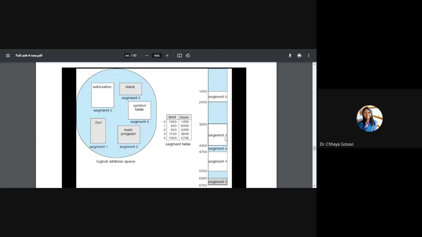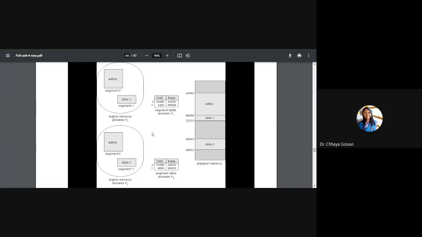Similarly, for segment 3, this is the base 3200, and the length, or limit, is 1100. So if you add 1100 here, you will get 4300, which is the end of segment 3. This is how these segments are loaded into main memory.